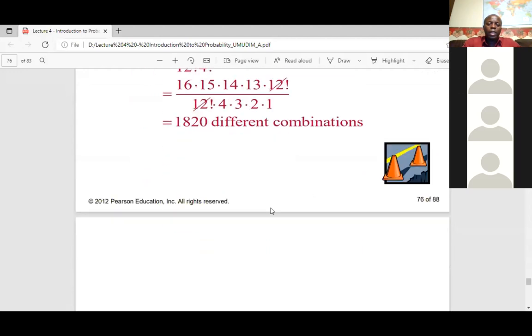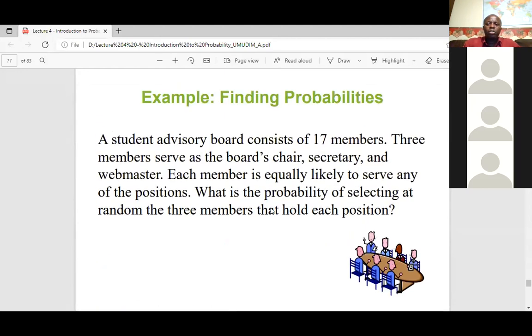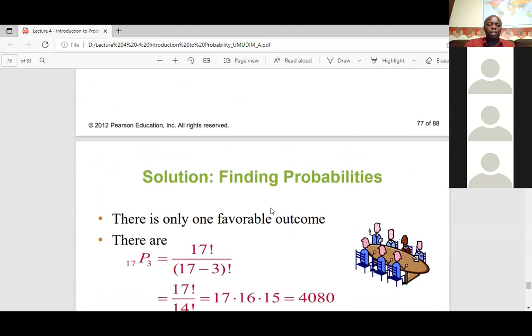Now let's see how we can use this to find probabilities. We can use permutation or combination to find probabilities of events. I want to show you how to use it. Look at this.